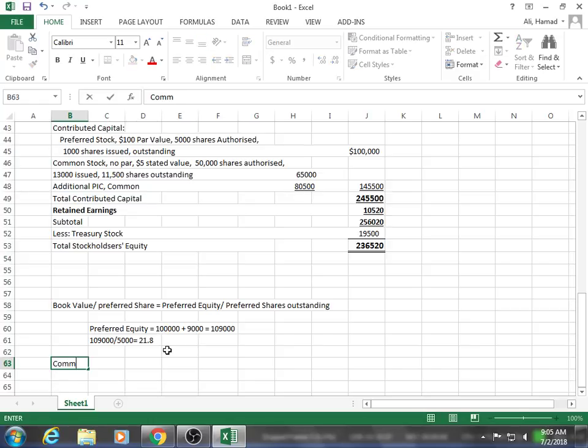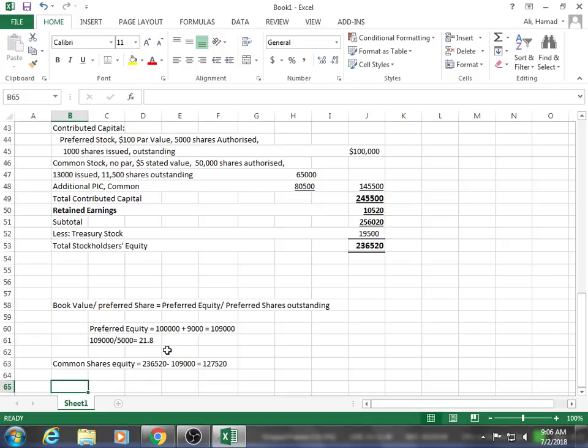Common shares equity is equal to 236,520 minus 109,000, and that gives us $127,520.